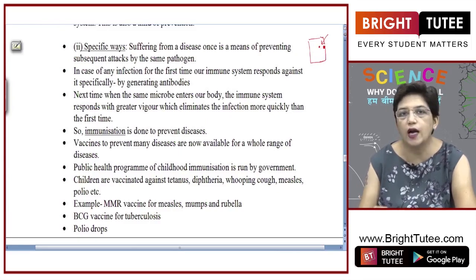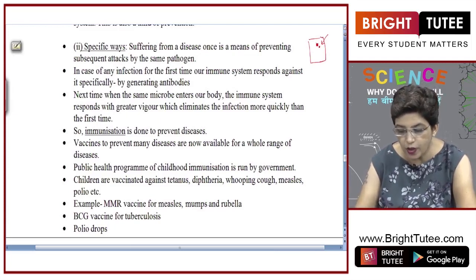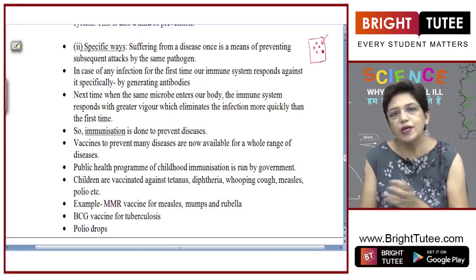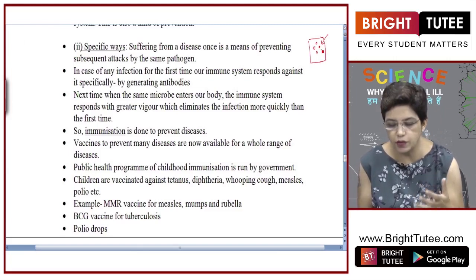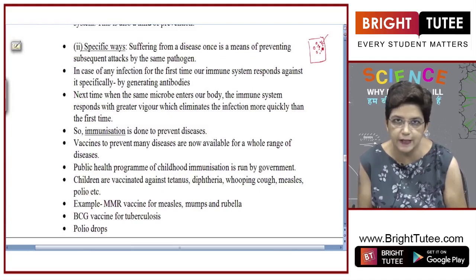Once it enters the body, it starts growing and multiplying and leads to disease. Our body produces antibodies to kill such microbes. Sometimes it takes some time to create these antibodies, and by that time these microbes have grown and caused the disease.